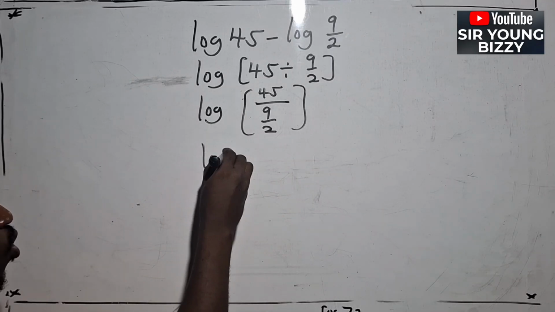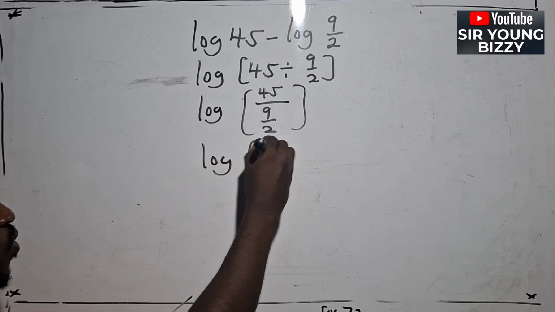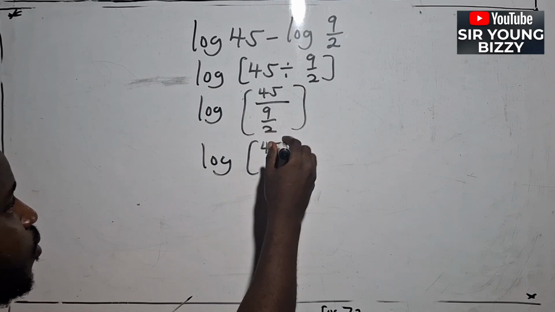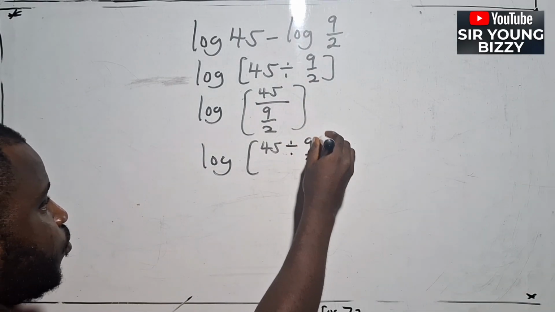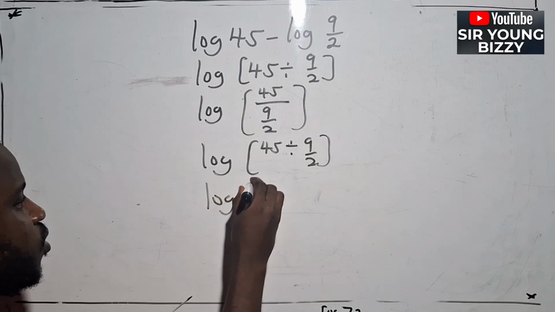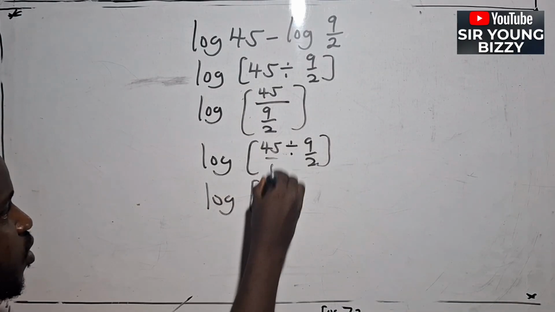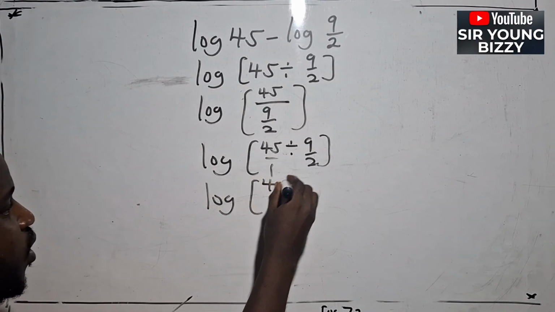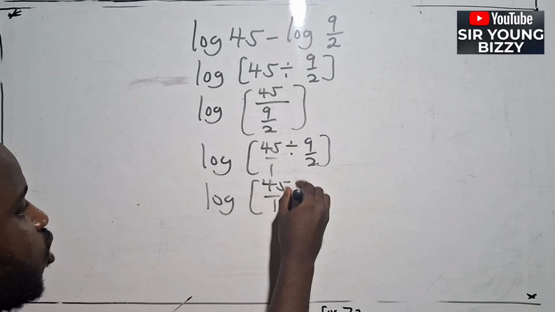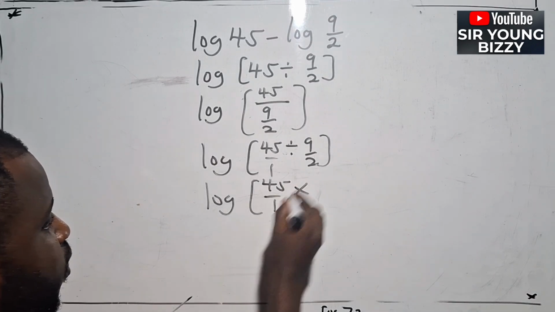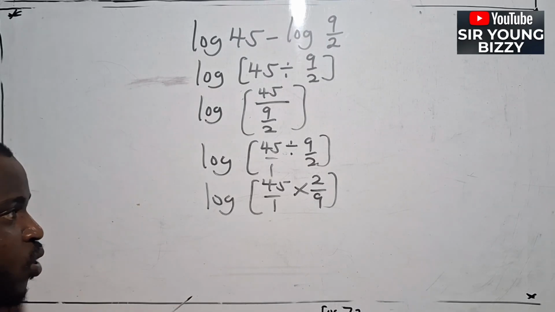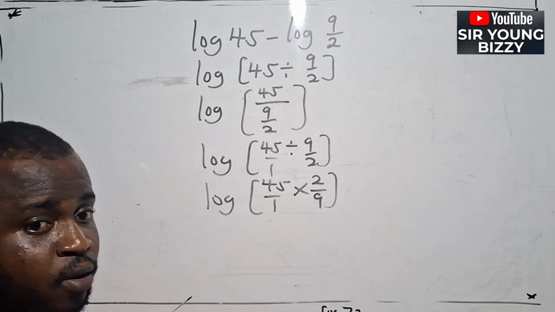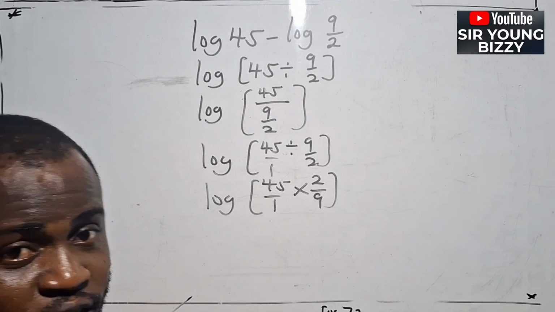Yes, so this one will give us 45. So the division of fractions. So this is the same as over 1. So we are going to get, let's say, 45 on 1. Then to change to multiplication, then you get 2 on 9. So division of fraction. If you don't understand division of fraction, there's a full lesson on it on this channel.